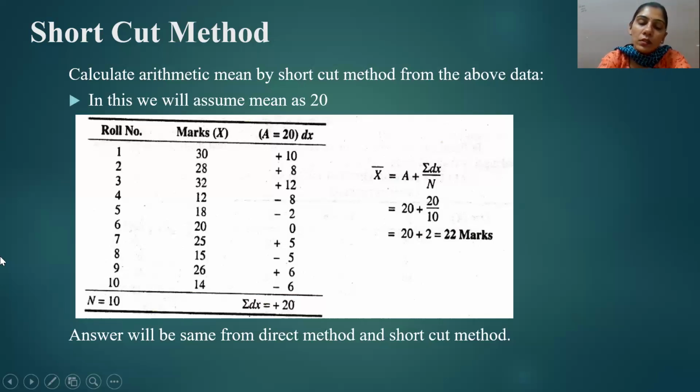So there is no difference in the answer whether we choose the direct method or the shortcut method. The answer will be the same.